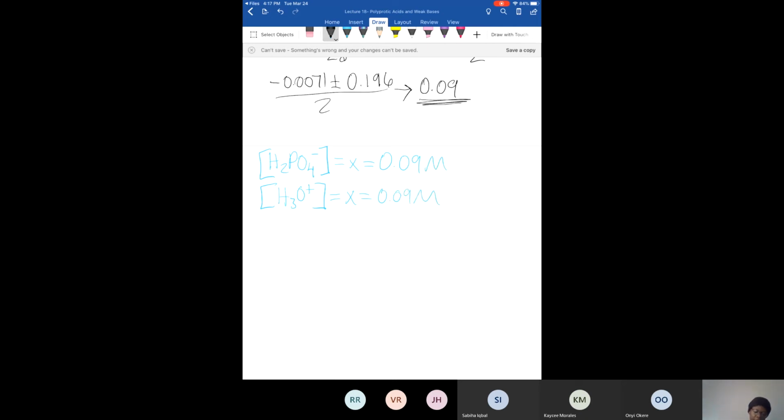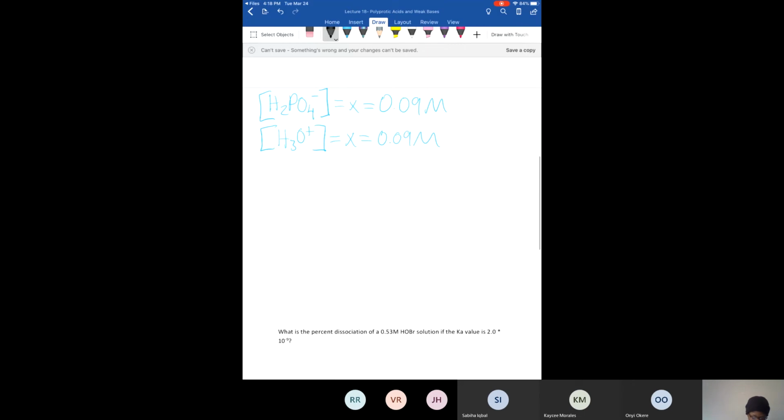Okay, so you're not done yet, because H2PO4 minus is also going to dissociate, so you've got to do another ICE table again.